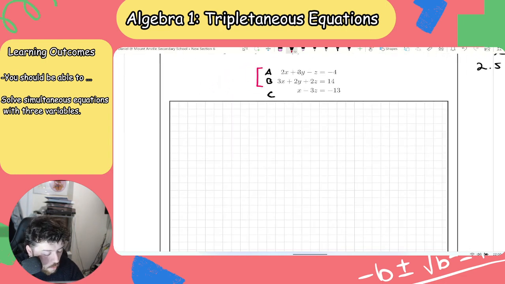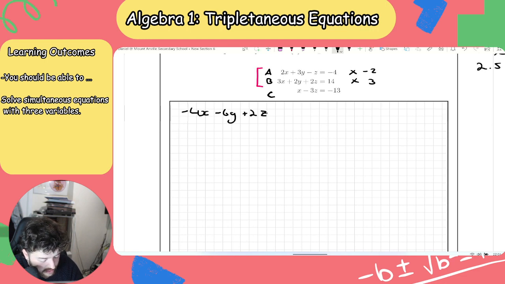I'm going to cancel out y now in my equations A and B. So I'm going to multiply the top here by -2 and the bottom by 3. So I'm going to have minus 4x minus 6y plus 2z equals 8.